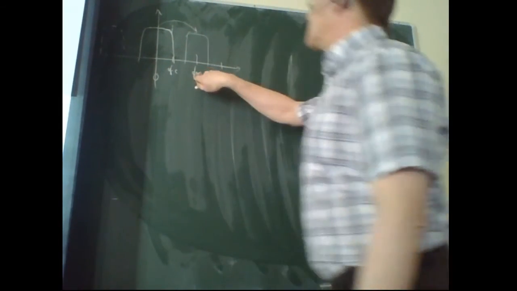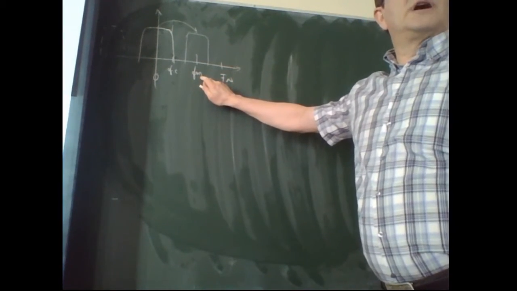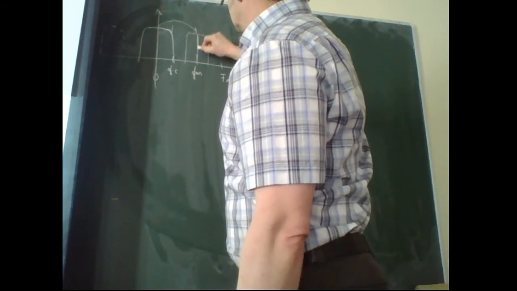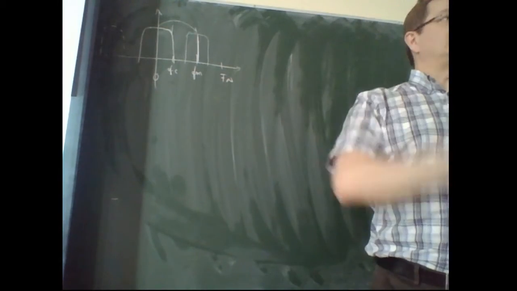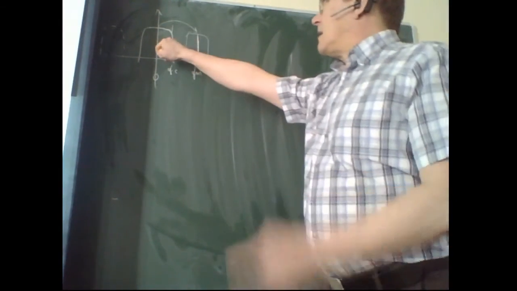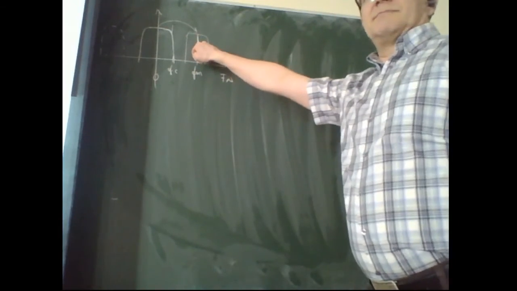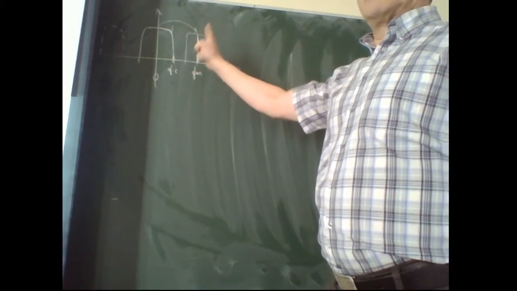If we want to transfer this filter somewhere in here, it will also transfer on the other side, over some frequency FM. That would actually mean that we are convolving this one with a single frequency component, meaning we are modulating in time space.